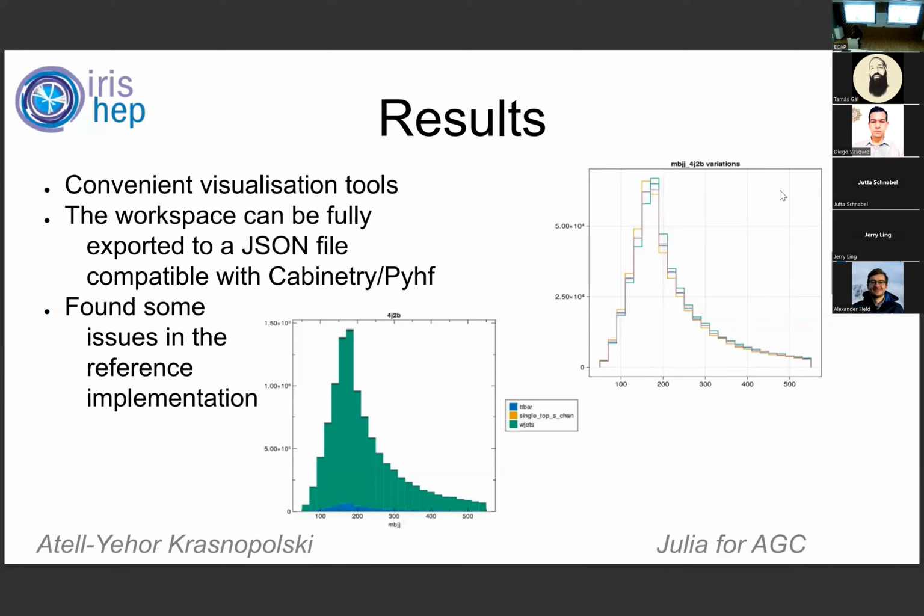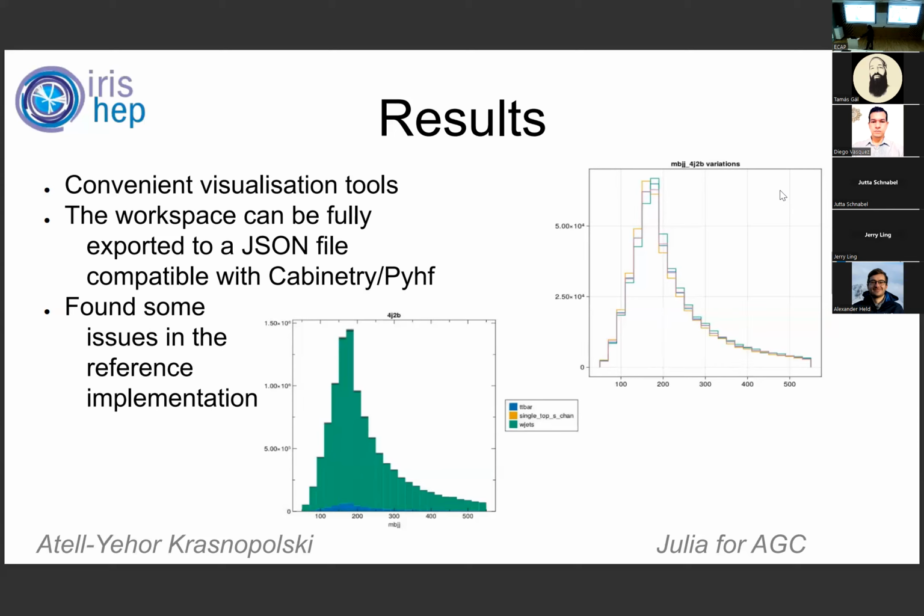The whole workspace can be exported into a single JSON file compatible with cabinetry and pyhf. That might sound like quite a short and minor tool, but in fact, the code for that takes more than the main loop, because the format that cabinetry expects is kind of reversed to what we have.